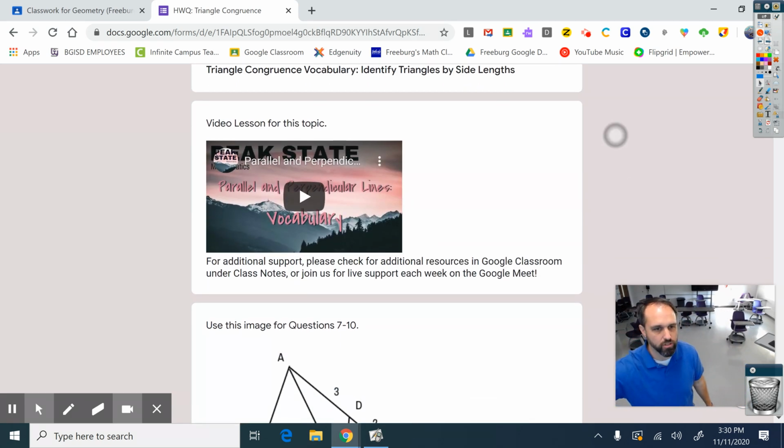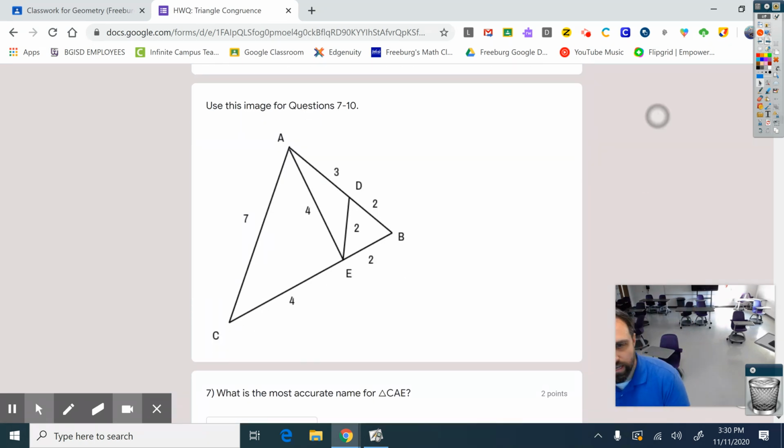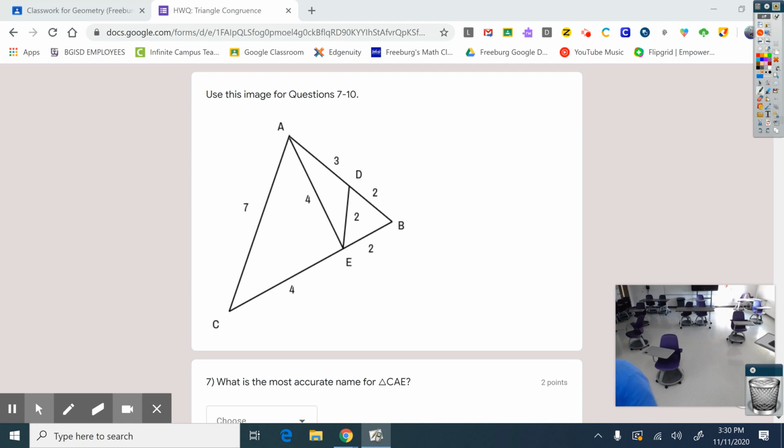Let's jump into the second component of this homework quiz. So we're looking at identifying them now by side lengths. No congruent sides will be called a scalene triangle.